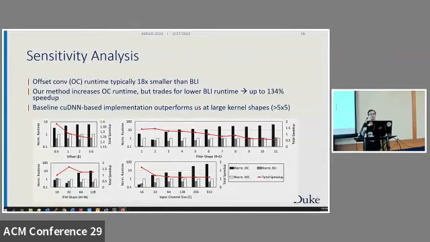And therefore, we're able to give up some of the runtime, or increase the runtime of the offset convolution, and reduce the runtime of the BLI. And actually, the baseline operation performs better with larger kernel shapes because we cannot support those other types of, for example, FFT-based convolution tricks to make it faster.